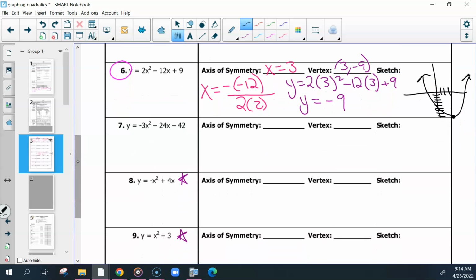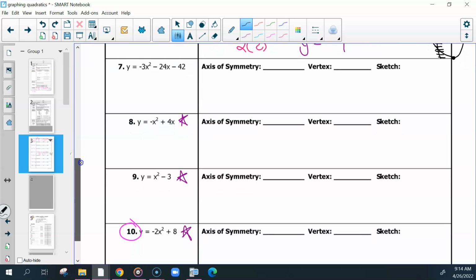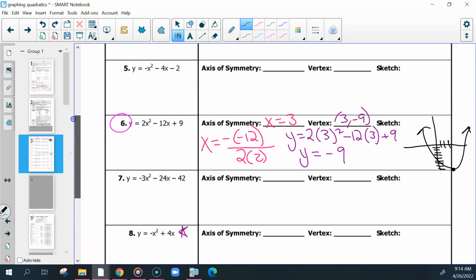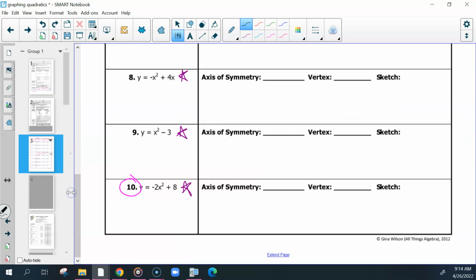Questions on 6 before we move on? If we had something like number 10, how would we set up our axis of symmetry?